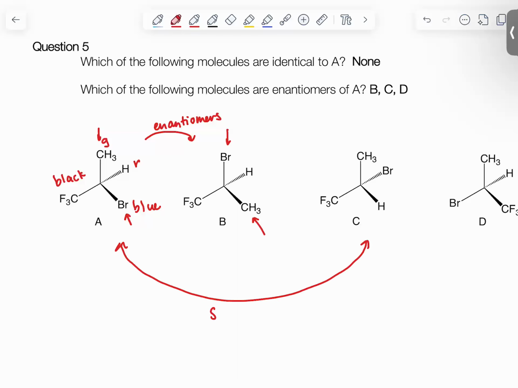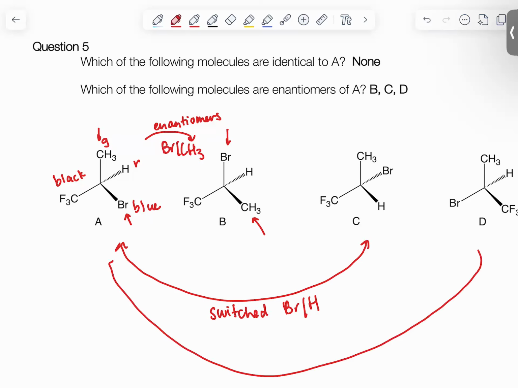With this one, we switched Br and H. And with A and D, we switched Br and CF3.